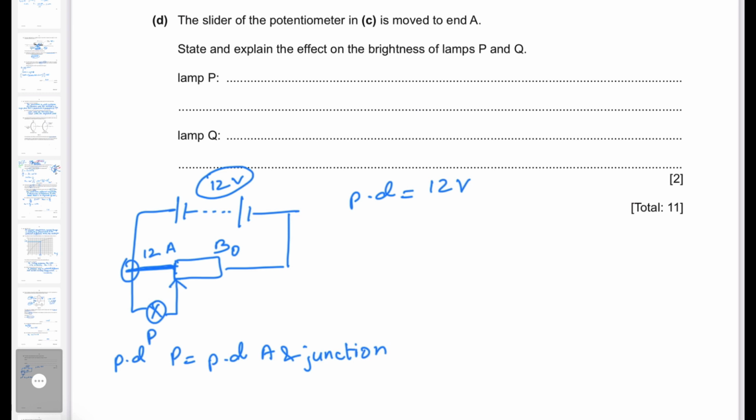So between these 2 points of A and the junction on the left hand side, the potential difference is 0, because there isn't any electrical component between these 2 points that would use up electrical energy. So that means the potential difference across P is also 0. This is why lamp P would have no potential difference, and so the light will go out.